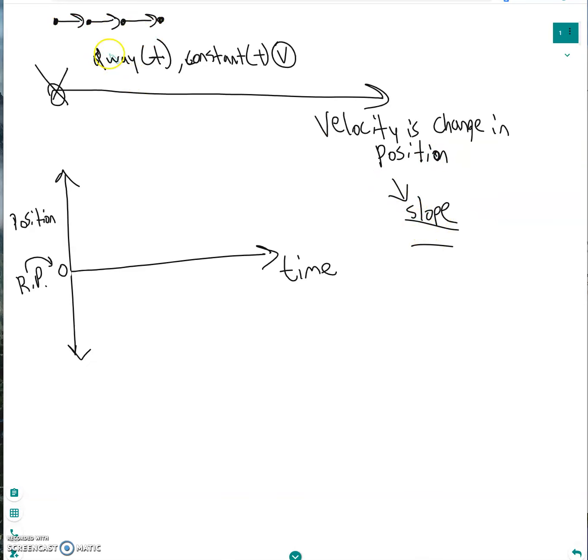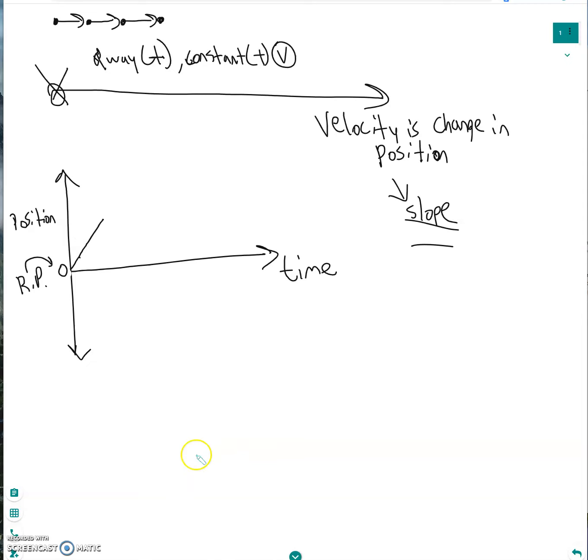So here we're going away at a constant positive velocity. So we're just going to draw a line like this with a constant slope. The slope here, the rise over run, is not changing, okay, for that line. It's the same rise over run the whole time. It's the same slope the whole time during that motion, okay?